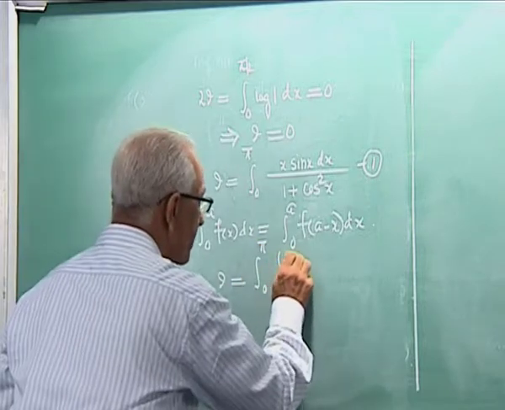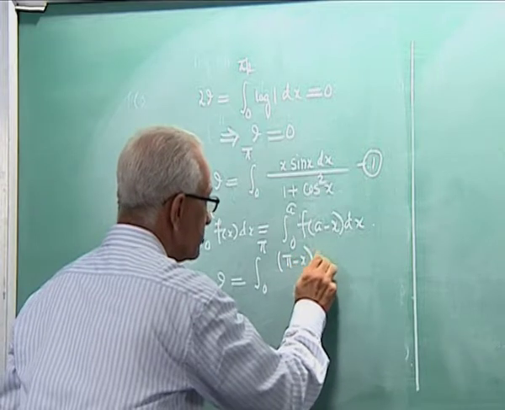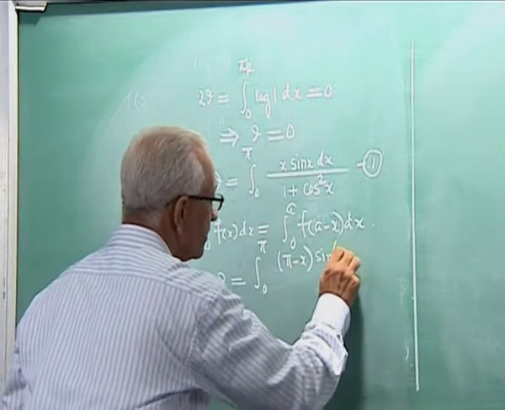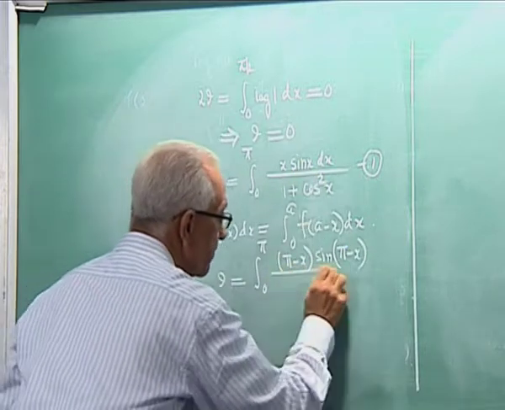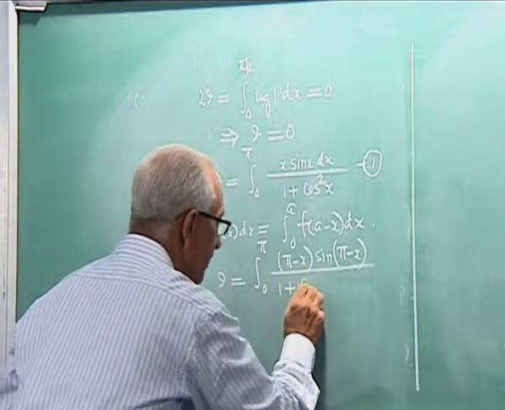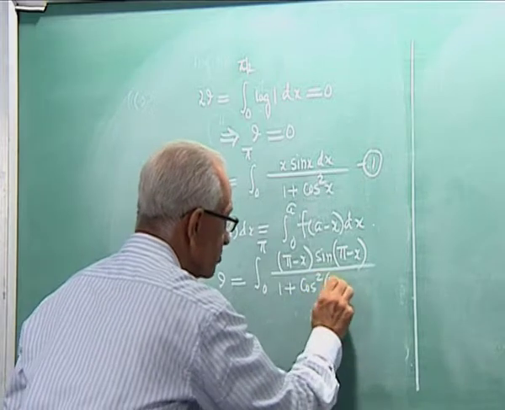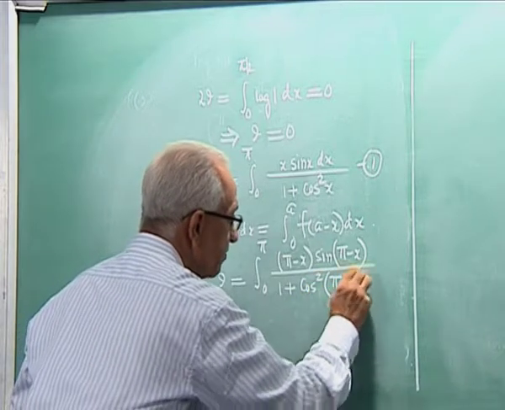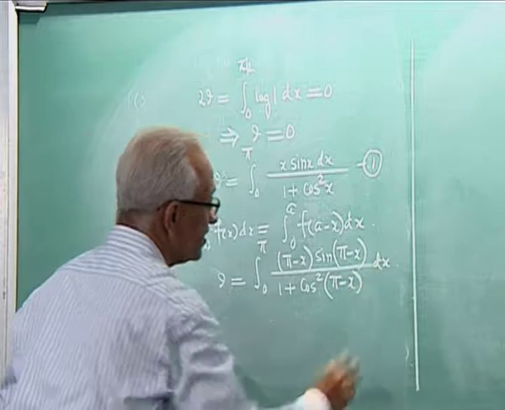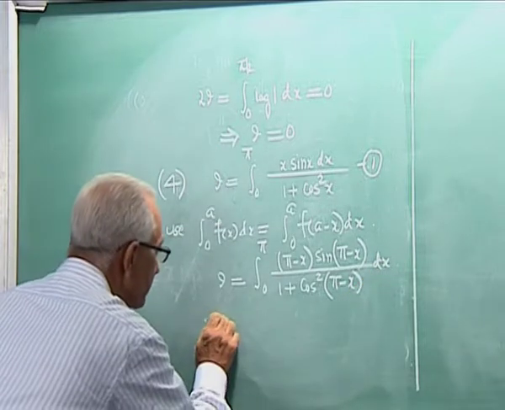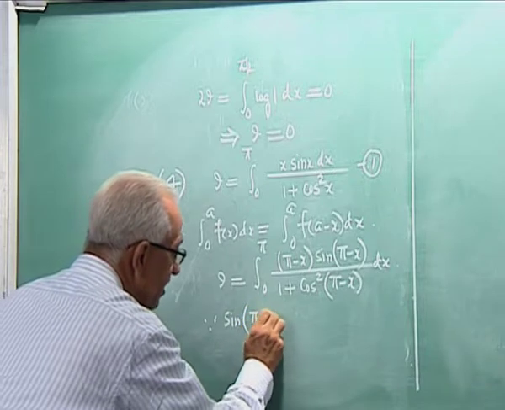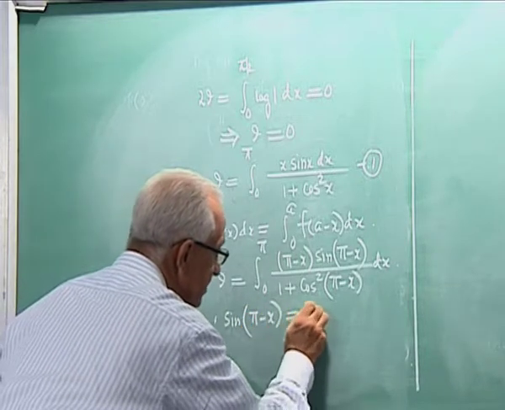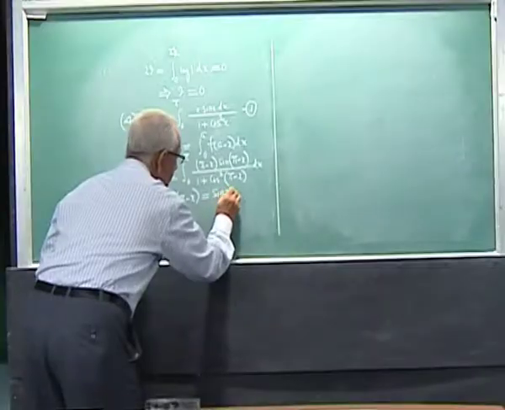This will be pi minus x, and this will be sine of pi minus x, upon 1 plus cos square of pi minus x dx. At this stage, I must tell you that sine of pi minus x, as I have seen, is sine x.